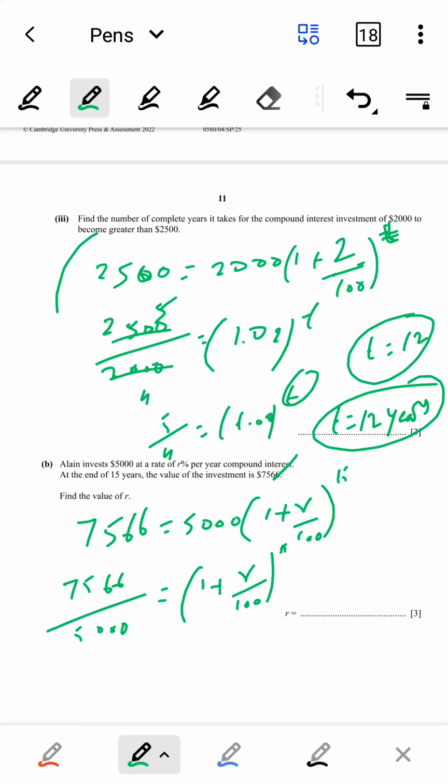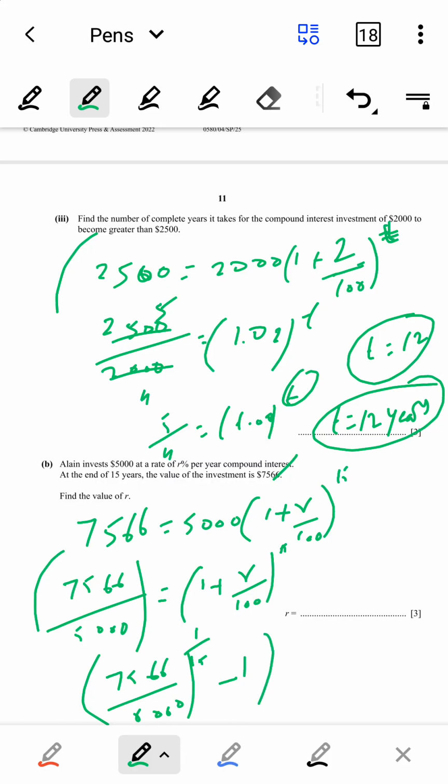Then we can go with 15, so we can take the inverse: 7566 by 5000 to the power 1 by 15, then minus 1, then multiplied with 100, which is equal to r.